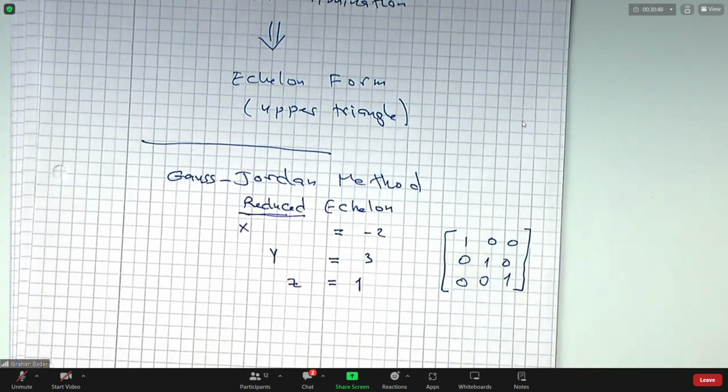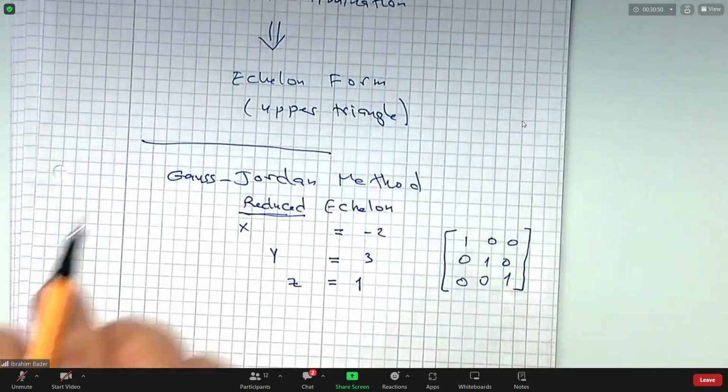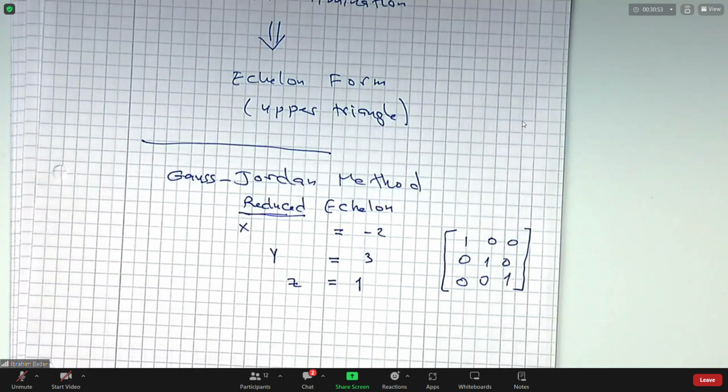However, the upper triangular form is not reduced, it's just an upper triangular form. Okay, any questions regarding this? Questions?